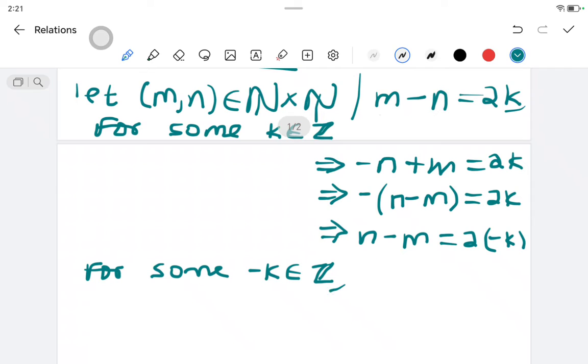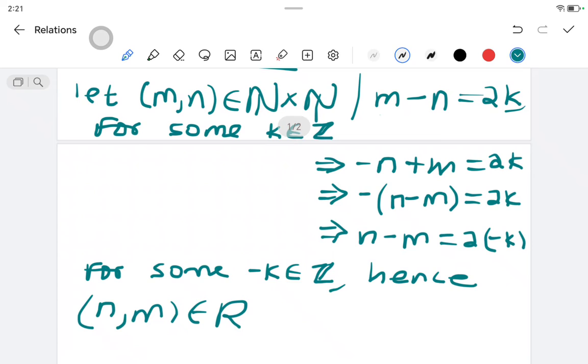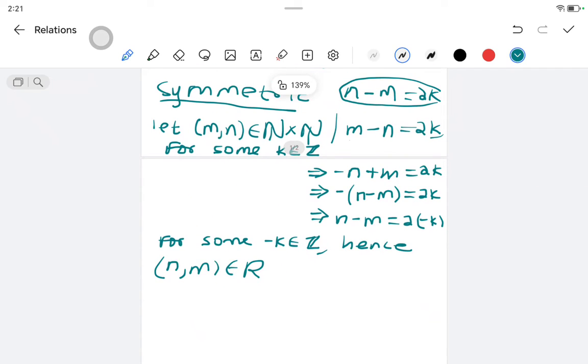Hence, (n, m), not (m, n), is also an element of the relation R. So therefore, R is symmetric.